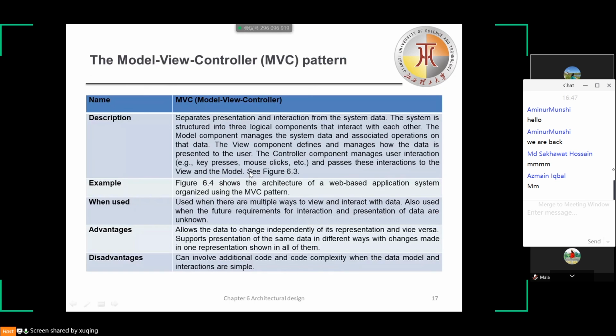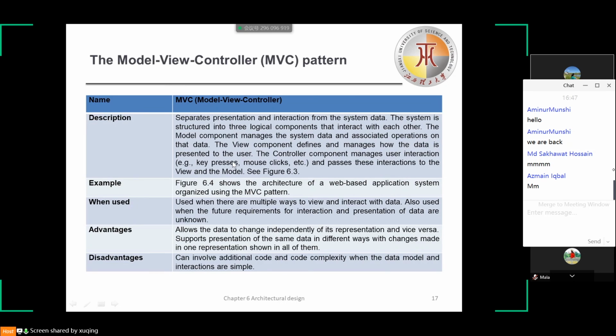You see here the classic model view controller pattern. We describe it like this: we use this pattern to separate presentation and interaction from the system data. The system is structured into three logical components that interact with each other. The model component manages the system data and associated operations on that data.